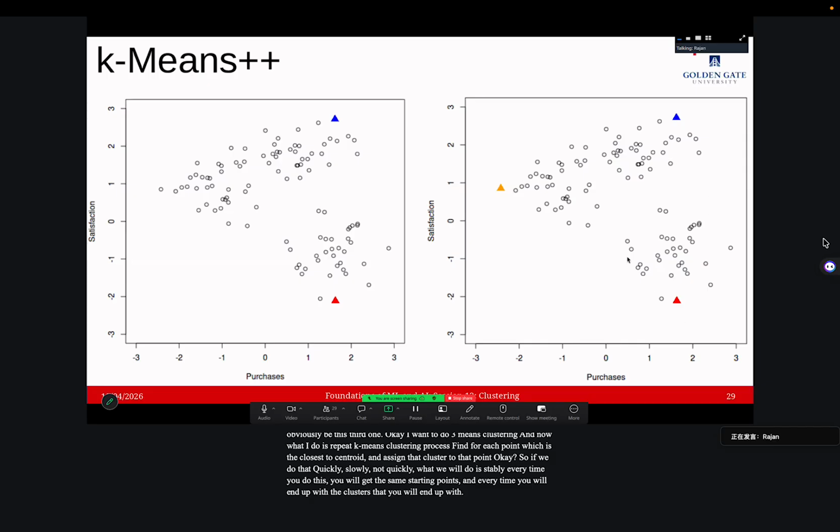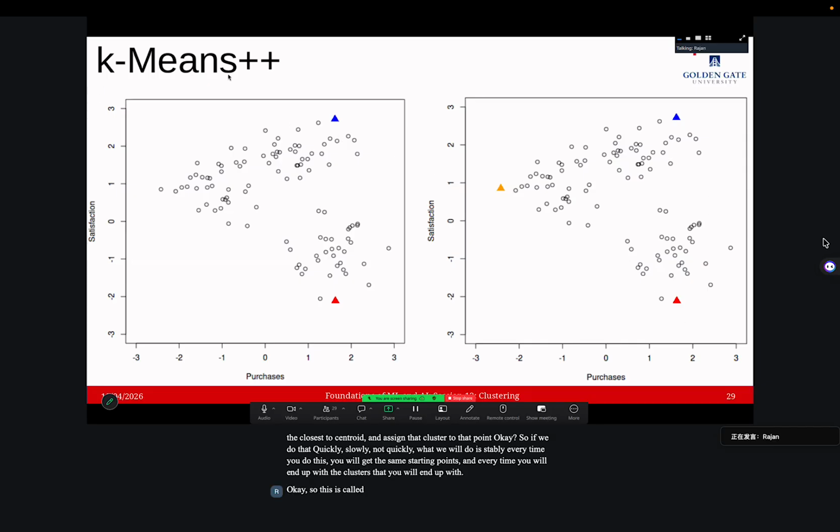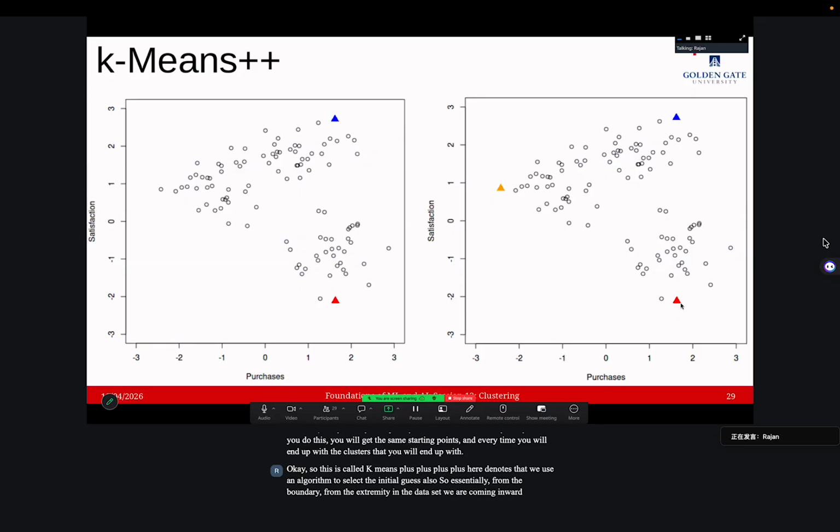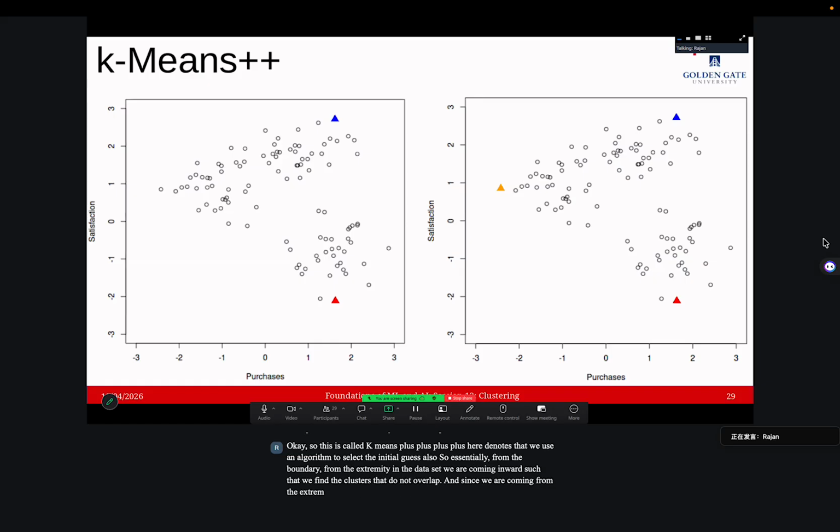Okay, so this is called k-means plus plus. Plus plus here denotes that we use an algorithm to select the initial guess also. Essentially, from the extremity of the data set, we are coming inward such that we find clusters that do not overlap. And since we are coming from the extremities, it's going to be stable. Every time we repeat this, we are going to get the same kind of clusters. So this is what k-means plus plus clustering is.